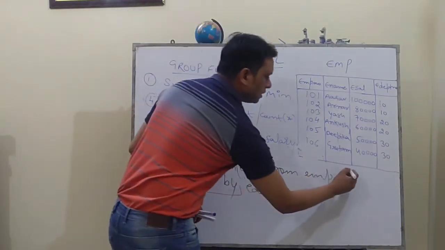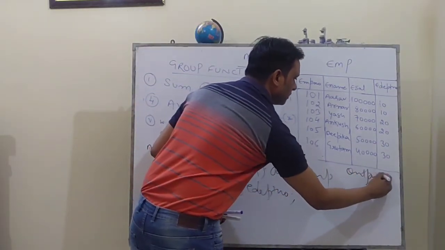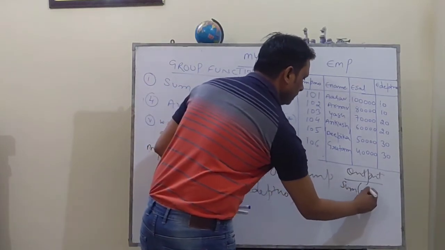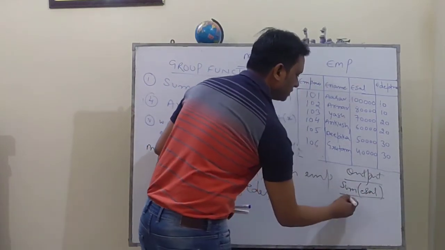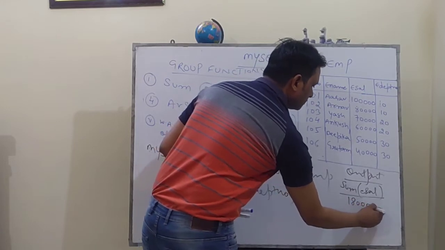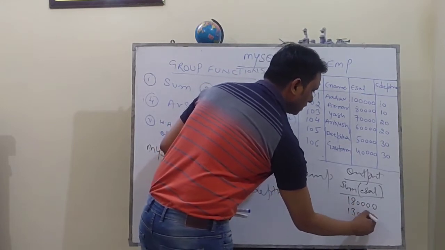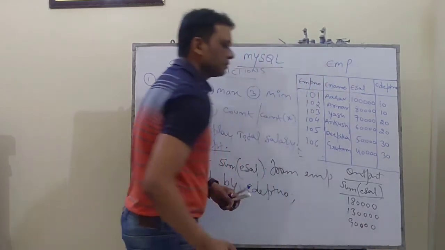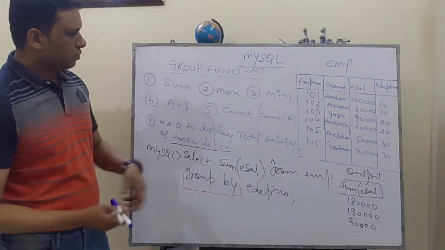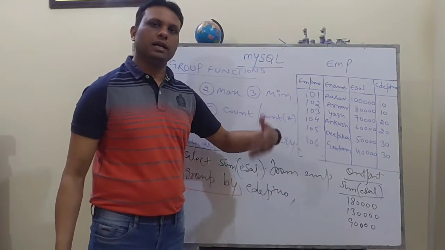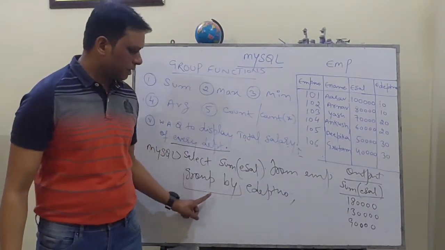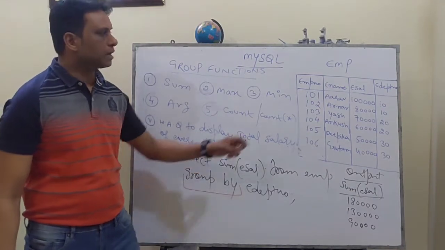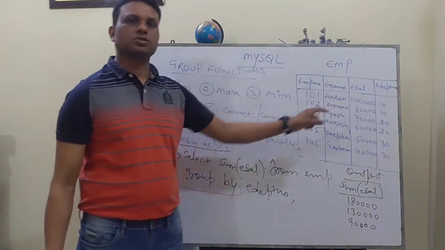We will get the output produced by this query, that is sum E salary: 1,80,000, then 1,30,000 and 90,000. You get only the total salary department wise, with the help of group by. Group by is used to make groups of same things together.